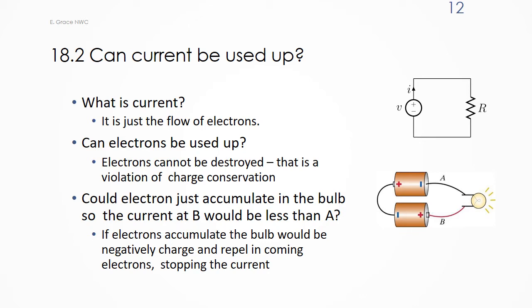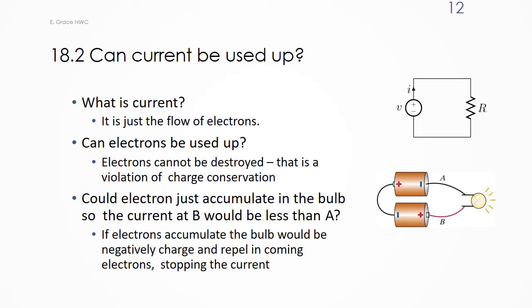Well, that doesn't make any sense because electrons can't be destroyed. That would be a violation of charge conservation. It's true you can have electron-positron annihilation, but that has nothing to do with circuits. That's something else. So that discards a few of the solutions.